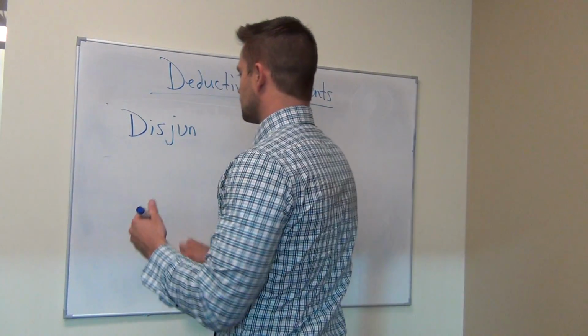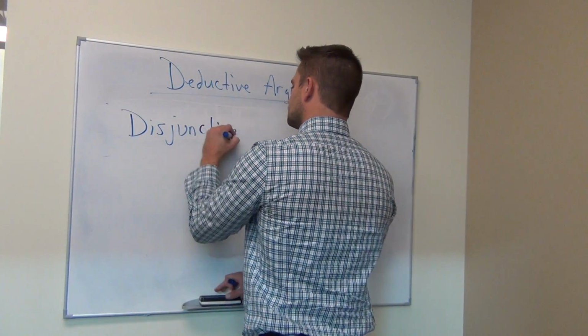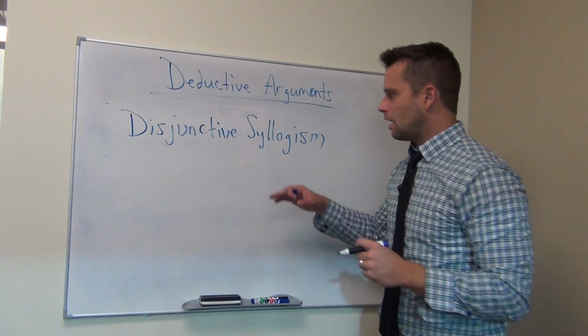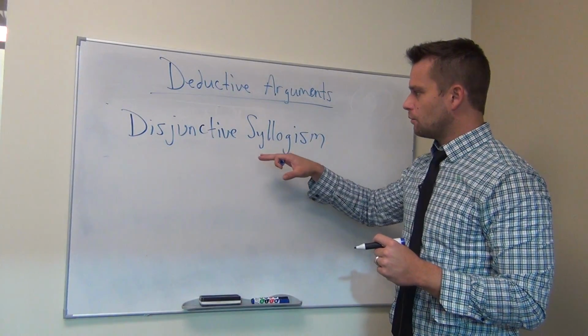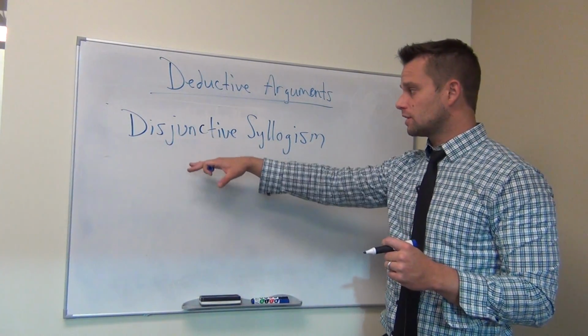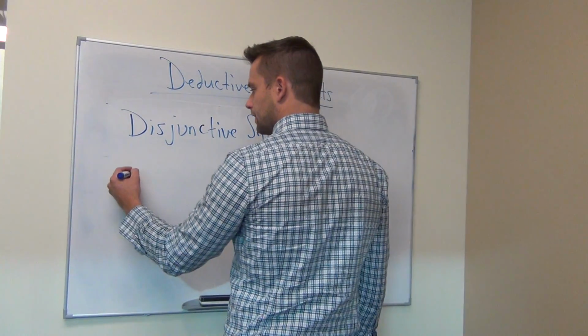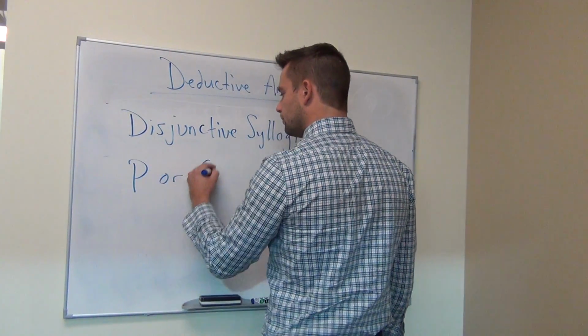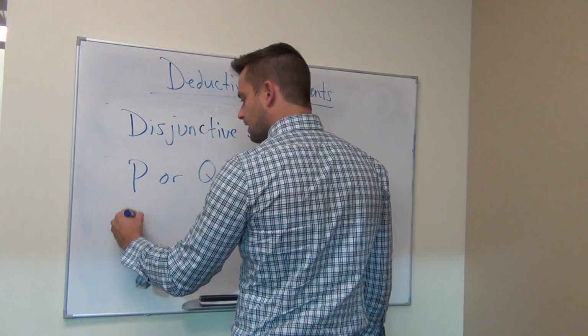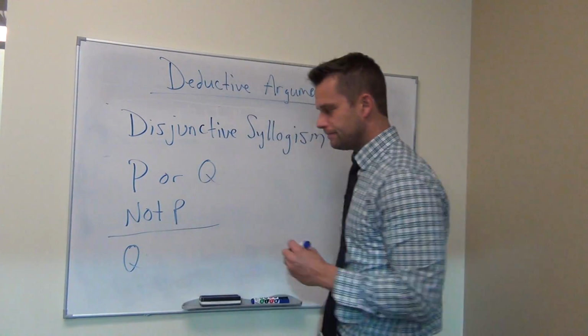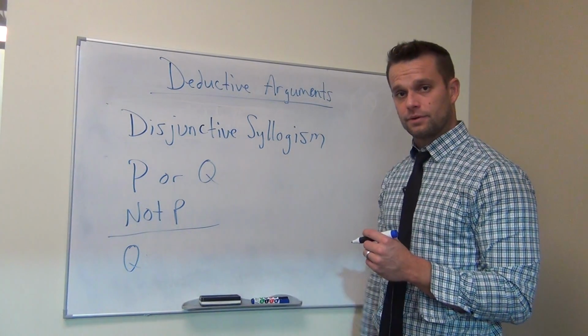In a disjunctive syllogism, we have a disjunct. Now, a disjunct is the technical name for an or statement. So what we have here is P or Q, not P, therefore Q. And this is a valid form.